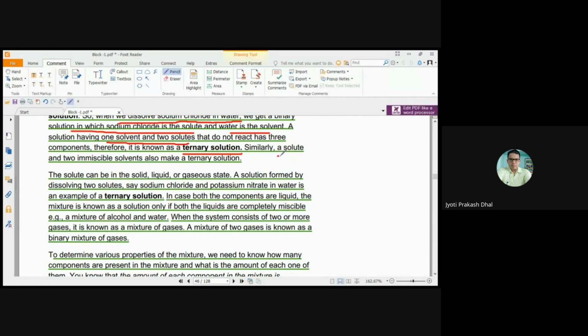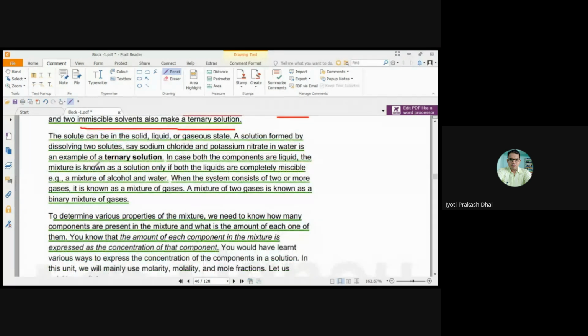And again, a solute and two immiscible solvents also make a ternary solution. The solute can be solid, liquid, or gaseous, and similarly the solvent can also be solid, liquid, or gaseous. Based upon the three types of solute and three types of solvent, we can find nine different types of binary solutions.